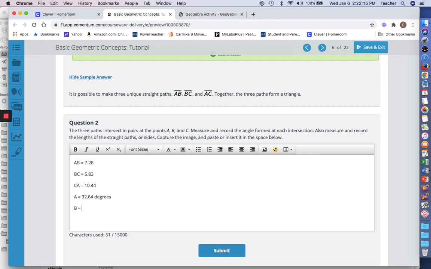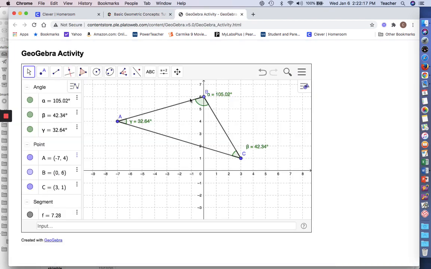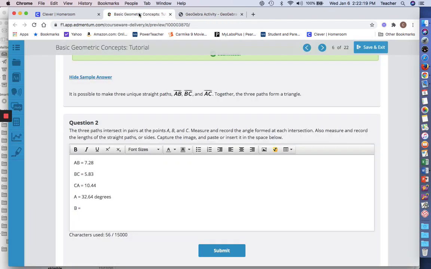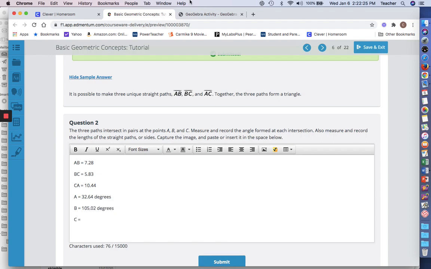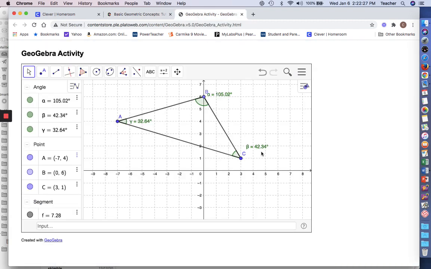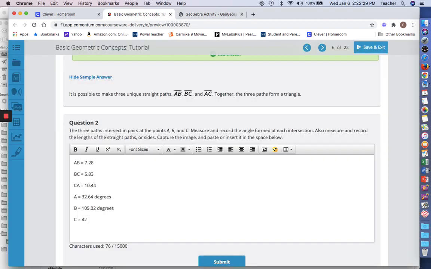All right, angle B, that was 105.02. And angle C, 42.34. All right, so we got our three angles, we got our three segments. Now they want us to capture the image.